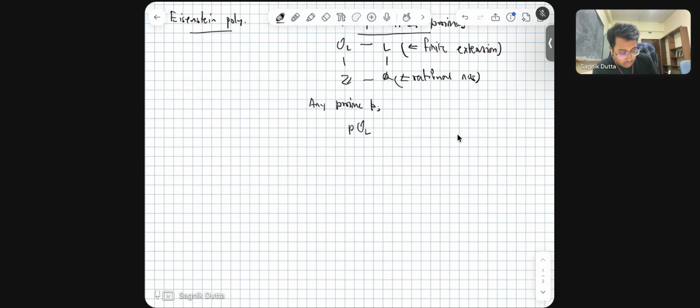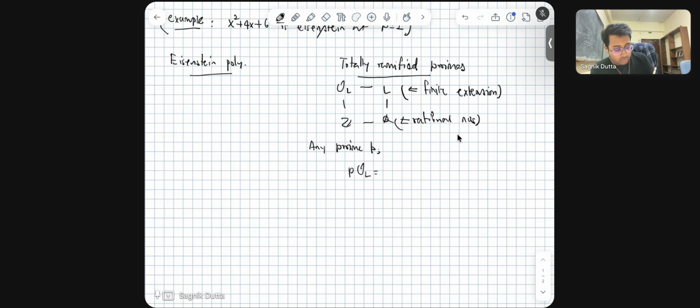Now we know that the ring of integers of a number field, where L is called a number field when it's a finite extension of Q, is a Dedekind domain more generally. That means every ideal can be written as a product of prime ideals. For example, Z is a Dedekind domain because there is unique factorization, that every number can be written as a product of primes.